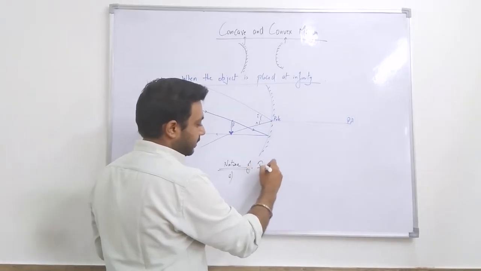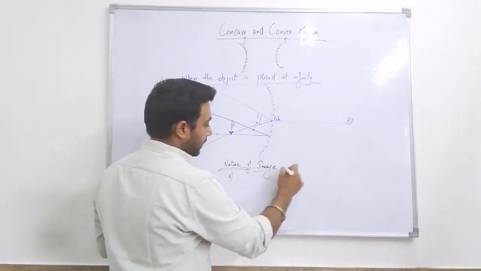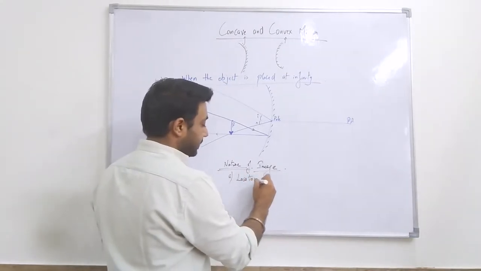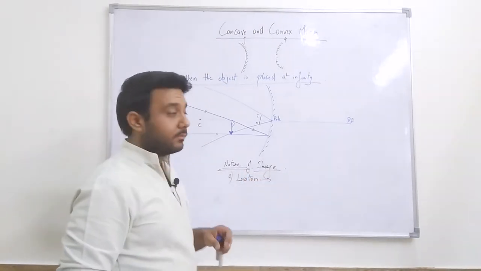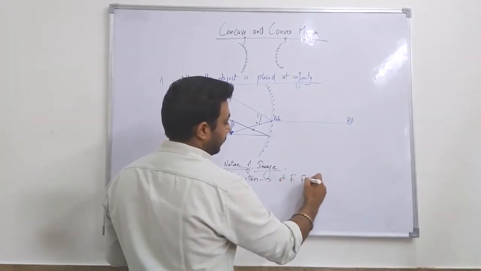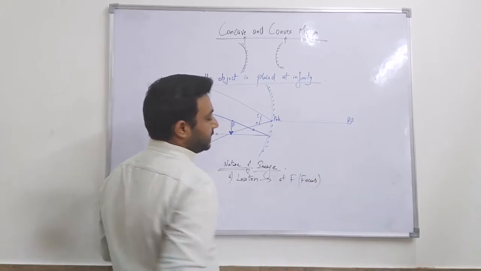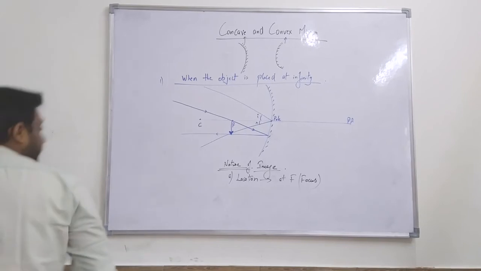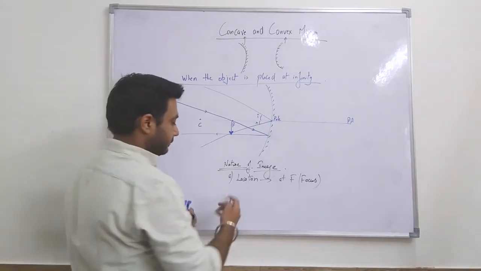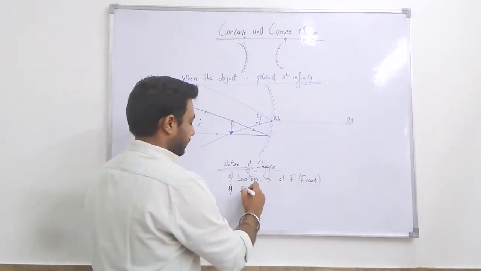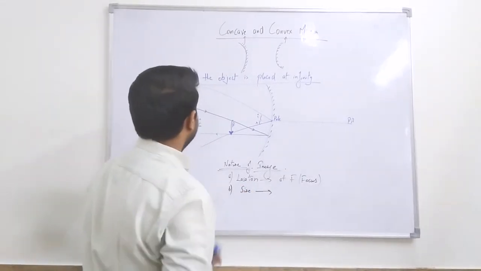Nature of image. First is location, which is at F, that is focus. Okay, image is formed at focus. Now second is observation B, size.